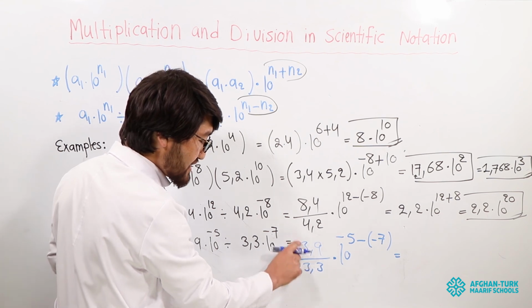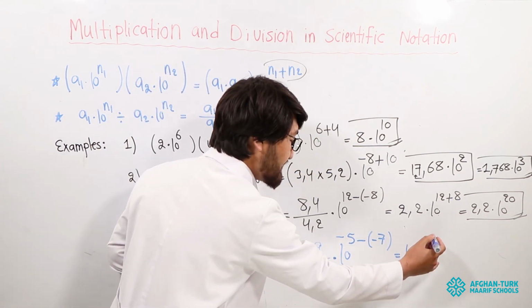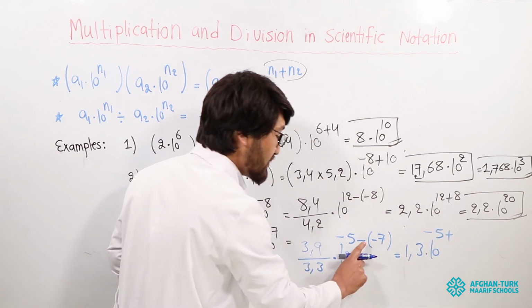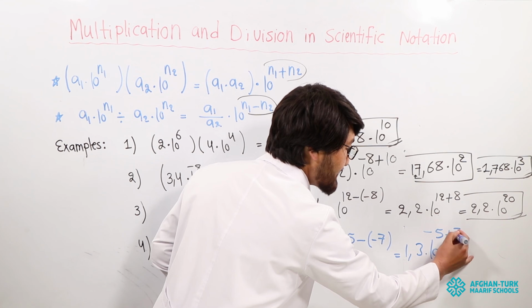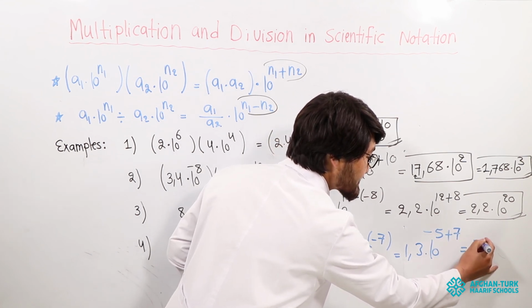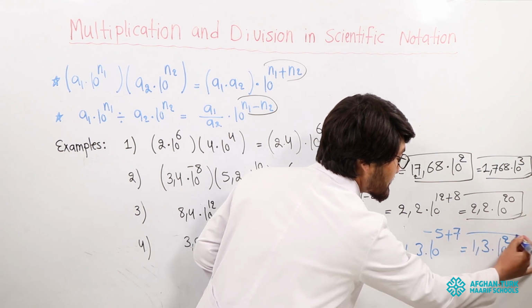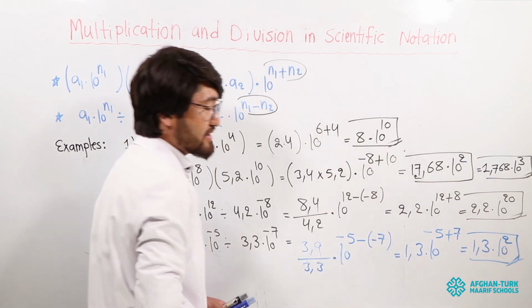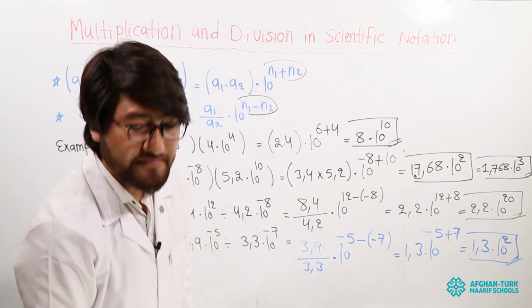What is the answer here? 1.3 times 10 to the power of -5 plus, minus times minus becomes positive, 7, and 1.3 times 10 to the power of 2. This is our answer.